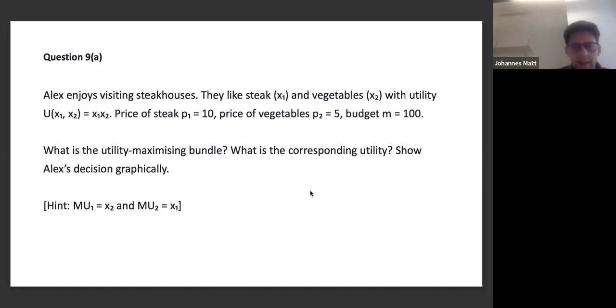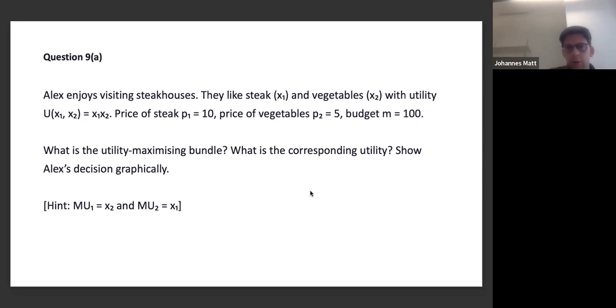And we're given this hint here that mu, that's the marginal utility of good number 1, so of steaks, is x2. And the marginal utility of consuming good 2 is just x1. So by how much does my utility go up if I consume an additional unit of steak or vegetables, respectively? Okay.